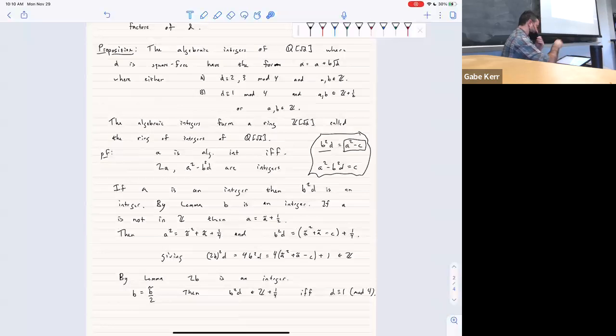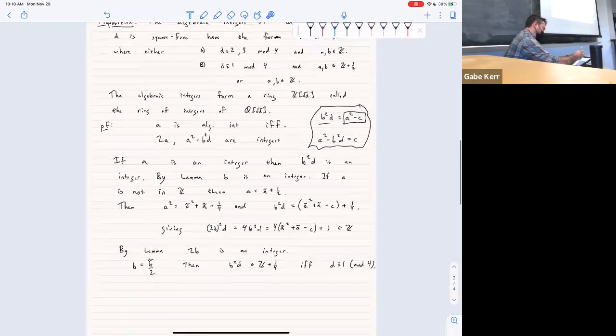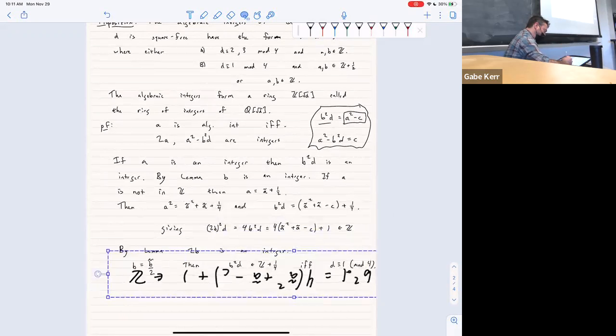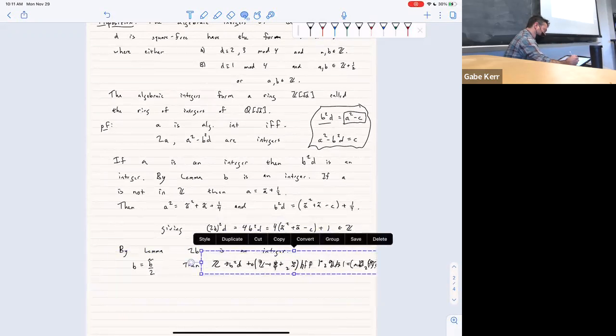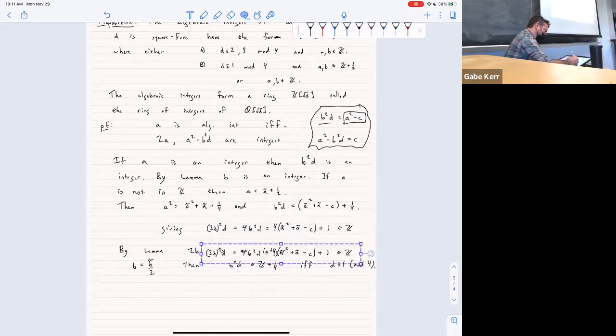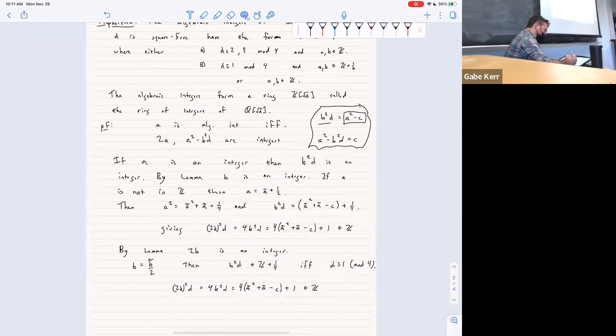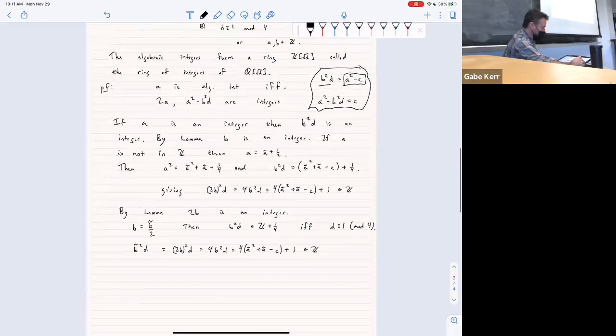I did introduce some notation. Why is d congruent to 1?